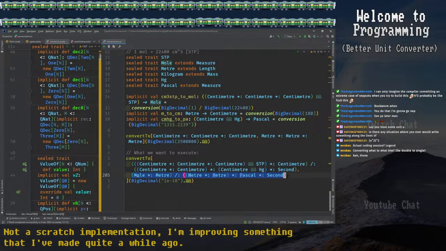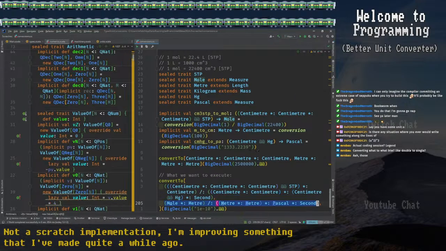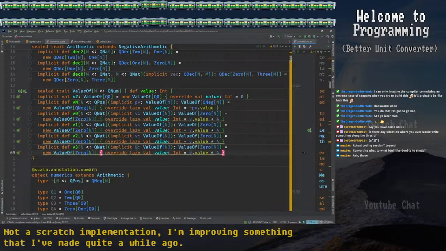I also want to build a system so that you can just define units directly as types without having to make classes for every single one of the units. So I'm basically just taking the standard big decimal and tagging them with extra types that never appear at runtime.